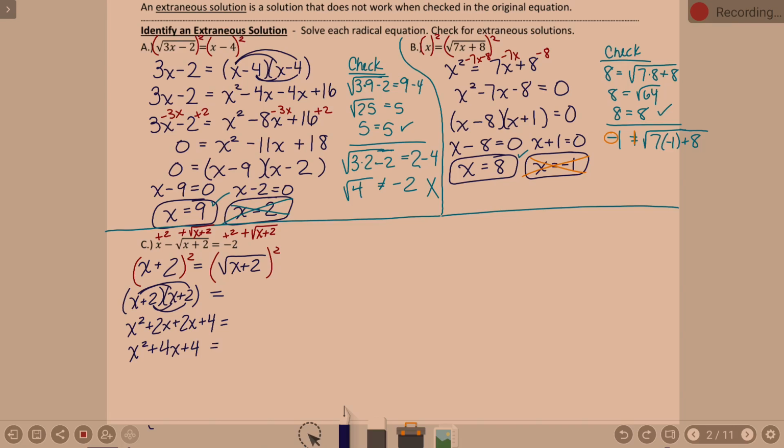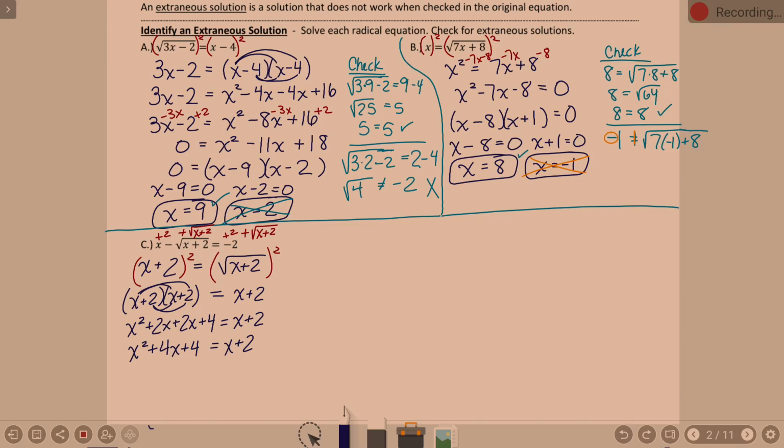Now, on the right, did you guys square the square root? What'd you get when you squared the square root? X plus 2. So I have x squared plus 4x plus 4 equals x plus 2. What would you like to do?